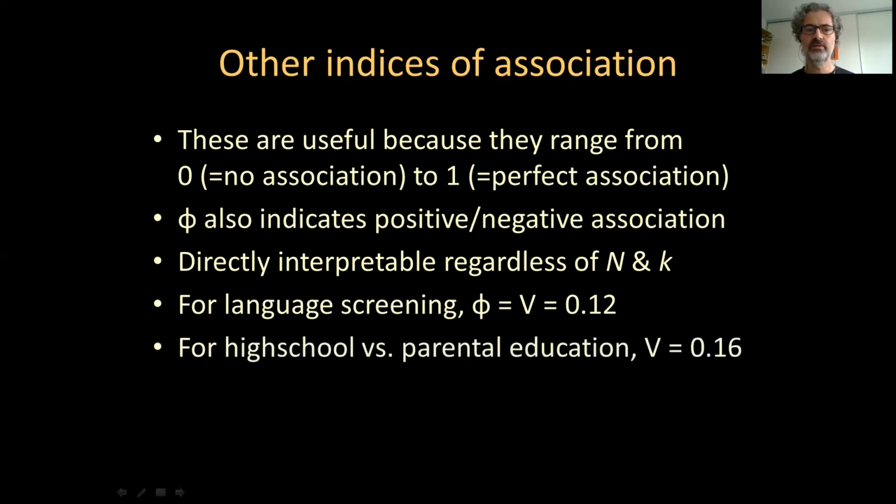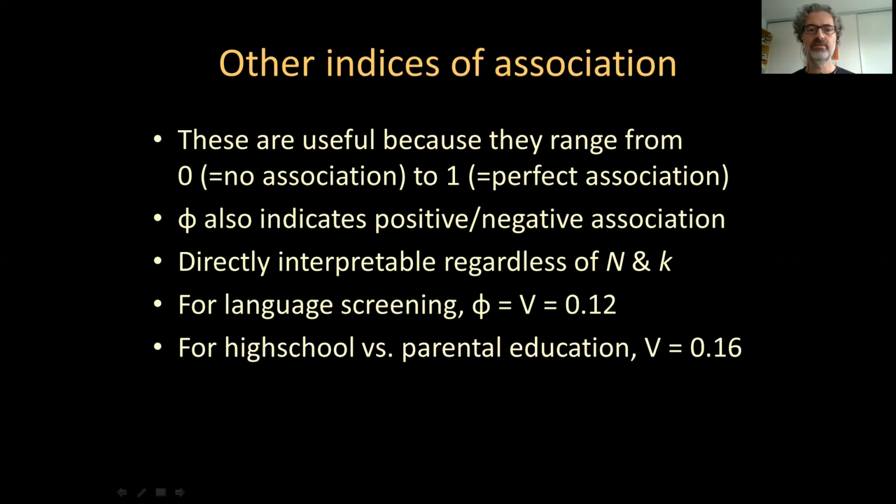For our high school completion versus parental education example, Kramer's V provides a value of 0.16. So it is still a rather low association, which is consistent with the fact that you cannot predict very well if a student will or will not finish high school just by knowing their parents' education level. You can only make an improved guess, but you will be quite often incorrect.